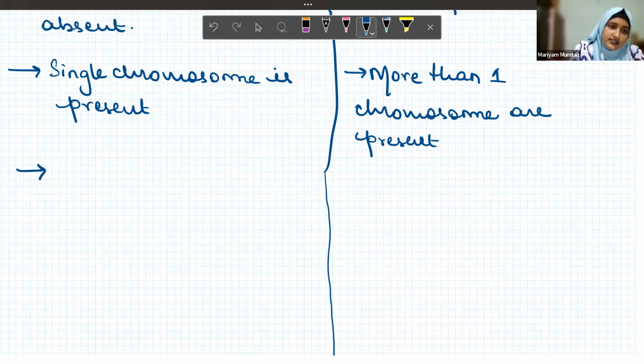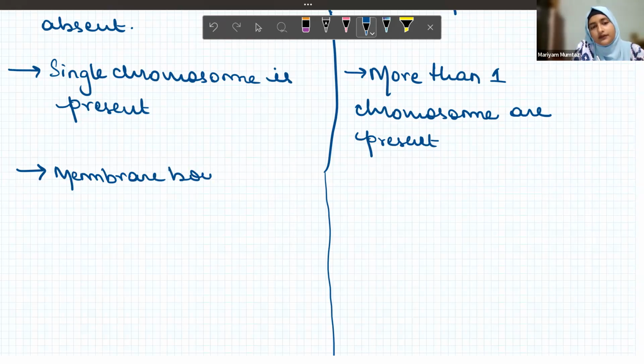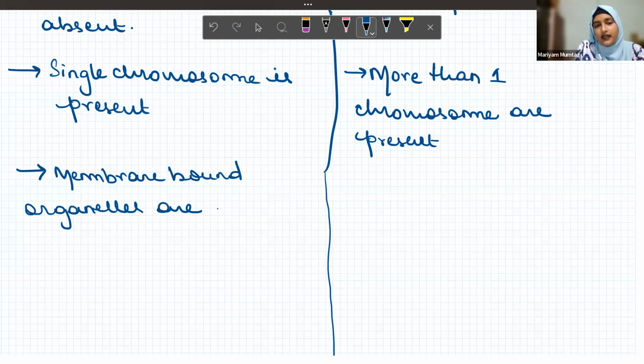Now, the next difference is that, as I said, since there is no nuclear membrane, there are also no membrane-bound organelles. So here you will write membrane-bound organelles are absent, and here you will write membrane-bound organelles are present.